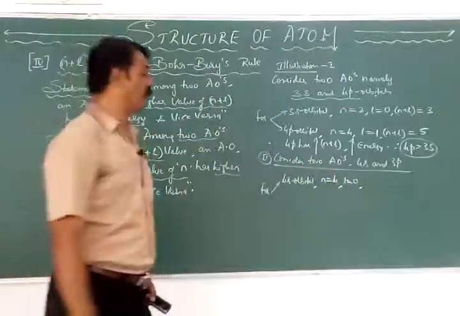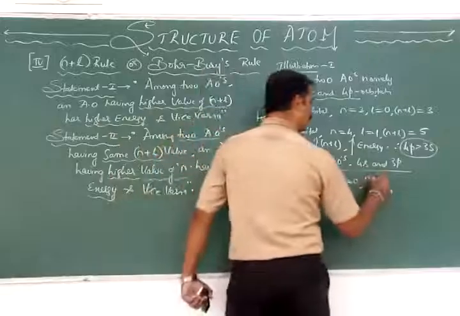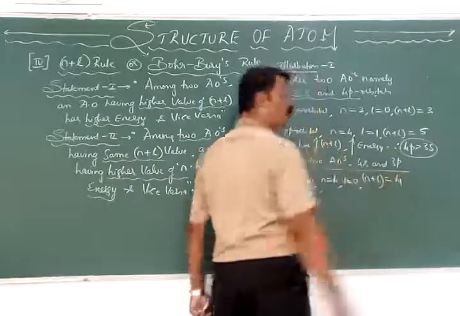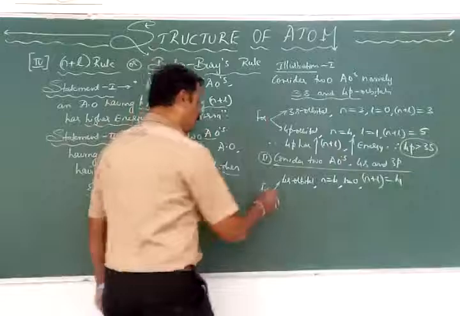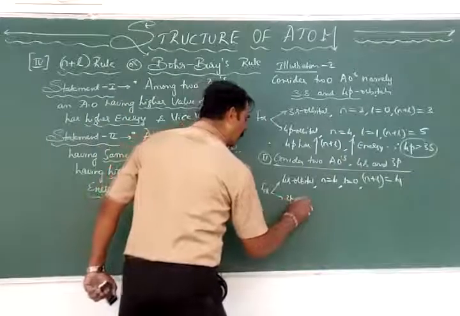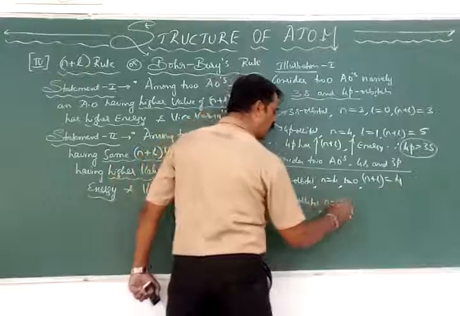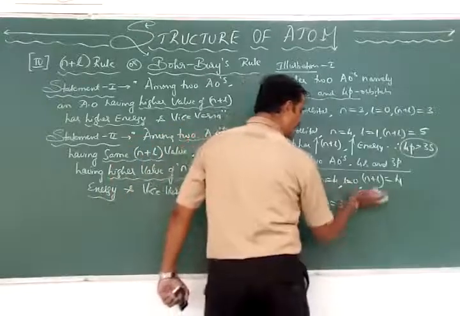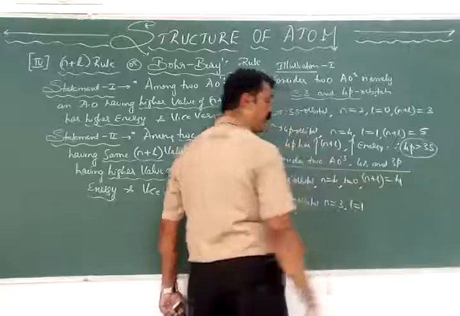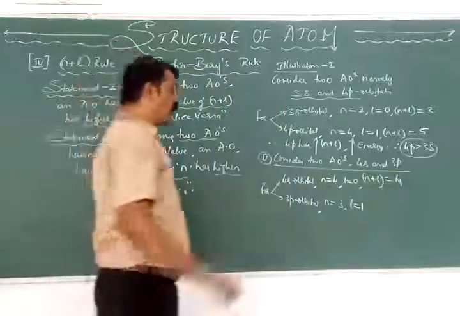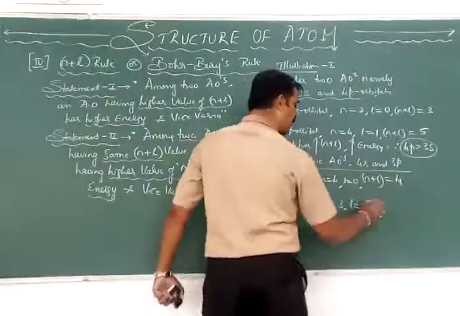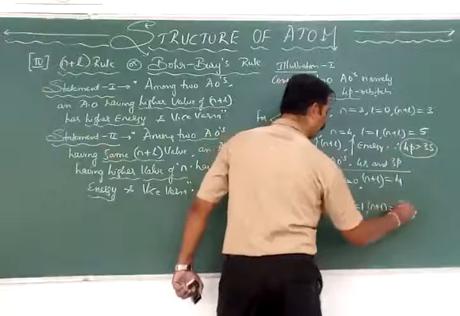Therefore, N plus L is 4 plus 0, which is equal to 4. Let us take another one, the 3p orbital. 3p orbital means N is equal to 3 here. P subshell means L is equal to 1. L is equal to 1 means N plus L is equal to 4.